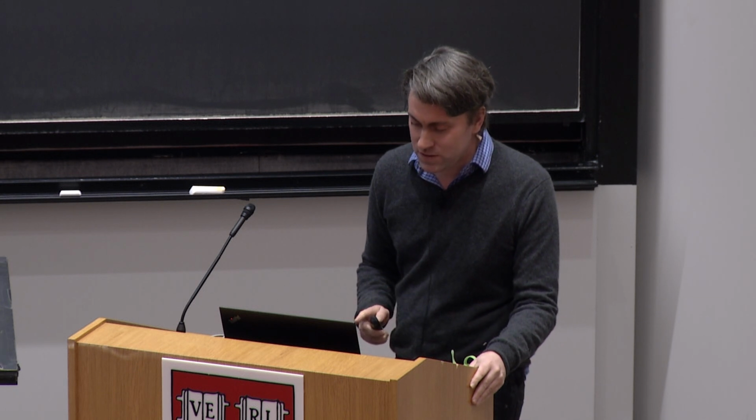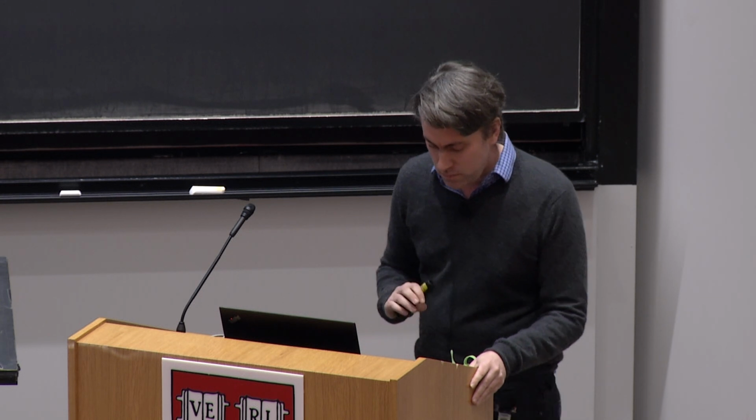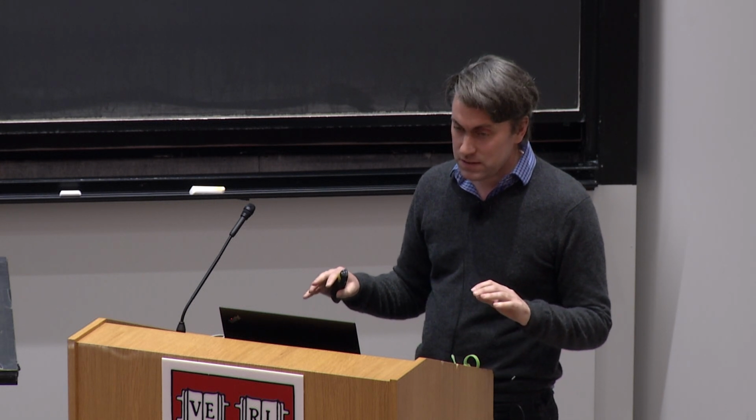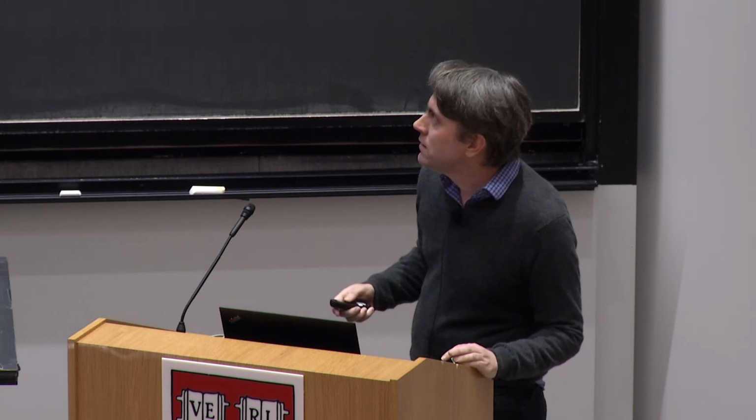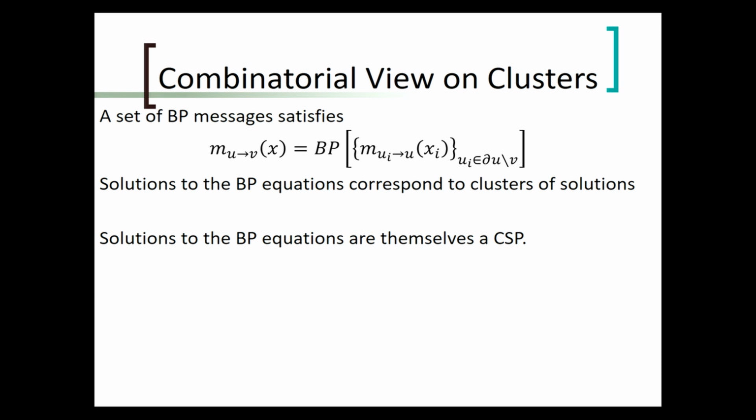The first advantage is, remember we said when we're in the 1 RSB regime, we have clustering of solutions, but we don't see clusters of clusters or clusters of clusters of clusters. There's no extra structure. The solutions to this belief propagation CSP are the clusters themselves.